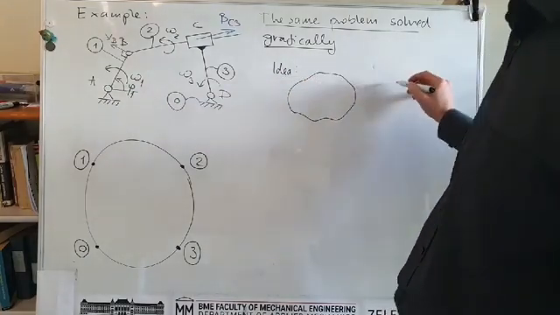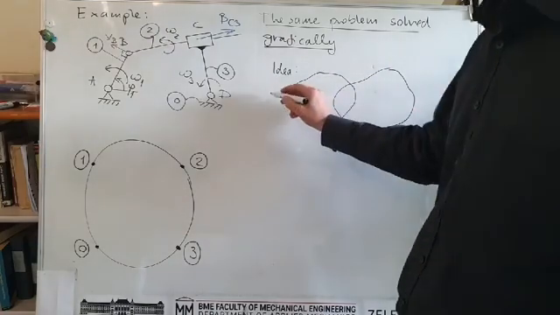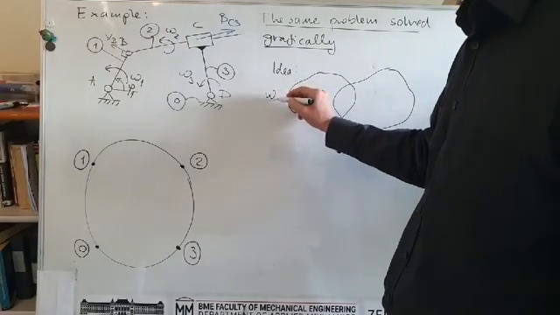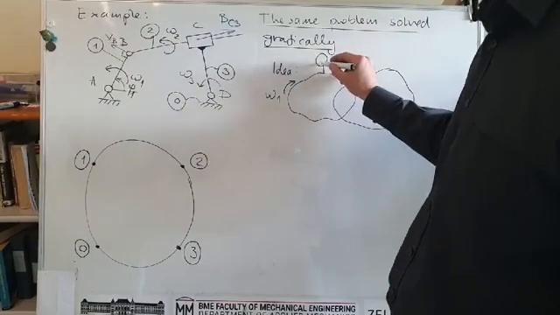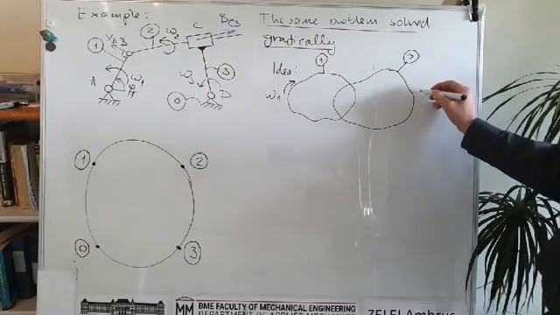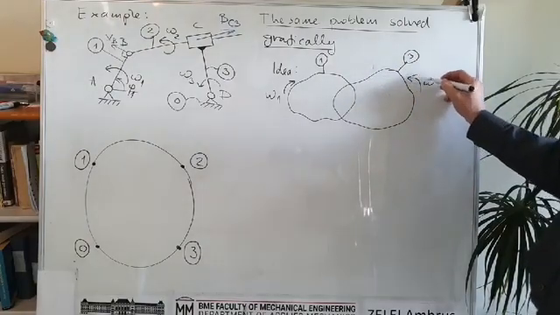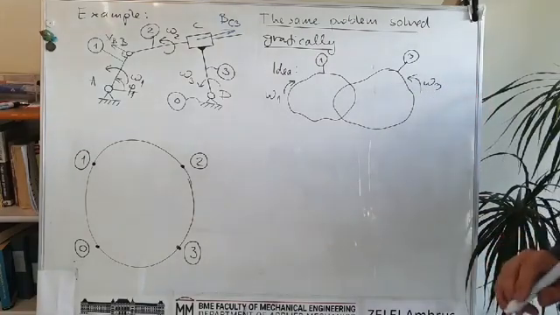So there are 2 rigid bodies. This is omega 1 angular velocity for rigid body number 1, and this is rigid body number 3, and we assume that it also has some angular velocity.